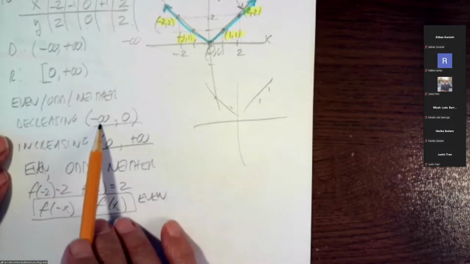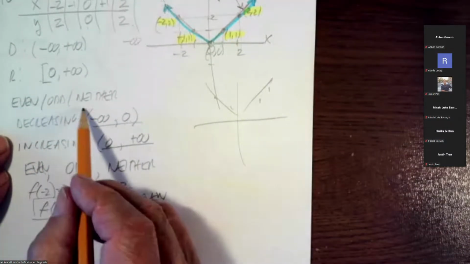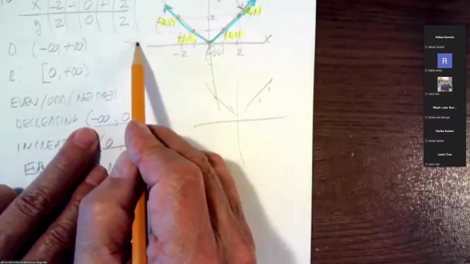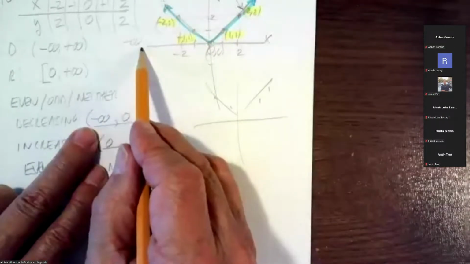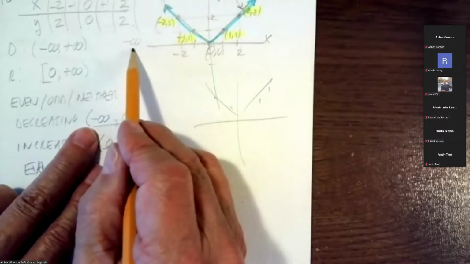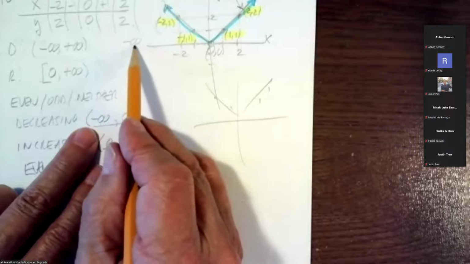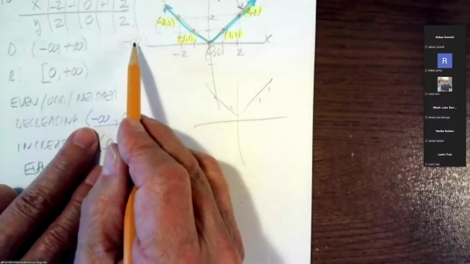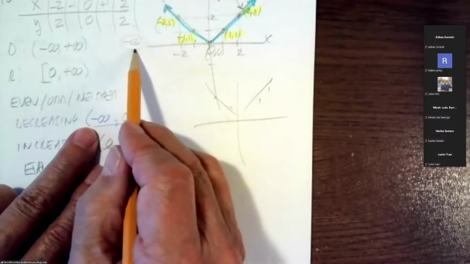Yes. Decreasing when x goes from any large value in the negative direction. So anything out in here would be negative x, and negative x could be any large value we wanted to make it, up to but not including infinity, because we never reach infinity.